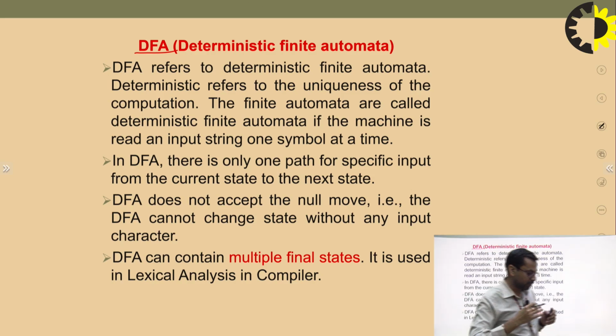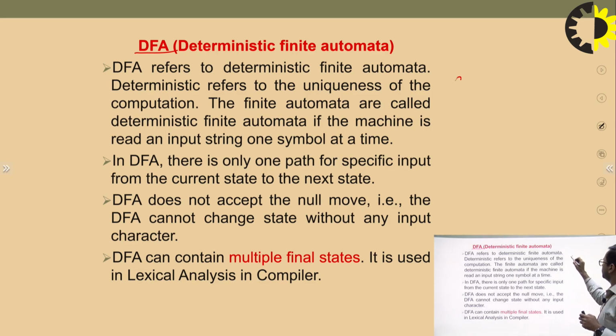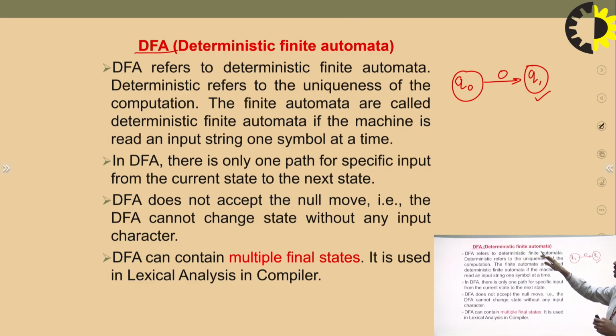That means if we apply the input 0 at a particular state, let's suppose Q1, and the state generated from that mechanism is Q1, and we can find out that it is Q1 and not any other state, then it is the deterministic finite automata.